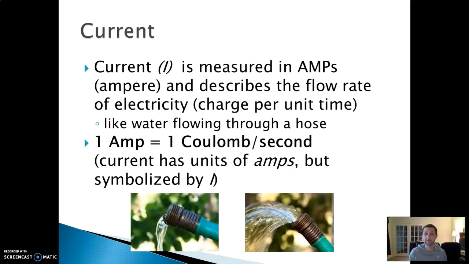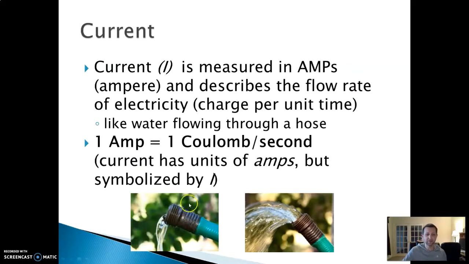Current, which is what we really need to focus on here, is symbolized by an italicized I. What's the unit for current? Well, current is measured in amps, or amperes, and it describes the flow rate of electricity. So it's charge, which is coulombs, per unit time, which in this case will be seconds. You want to think of it like the amount of water flowing through a hose.